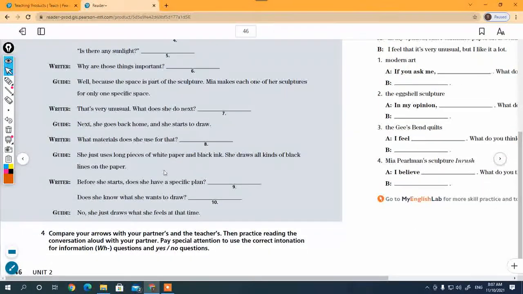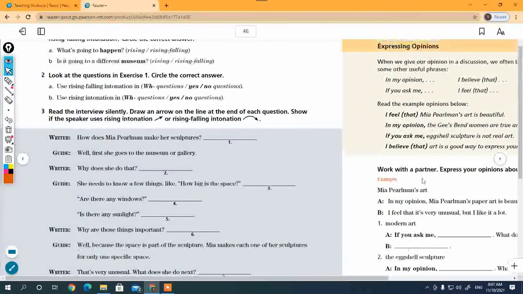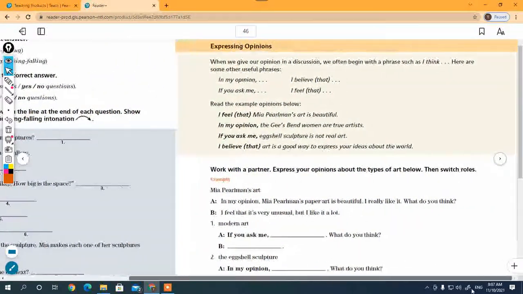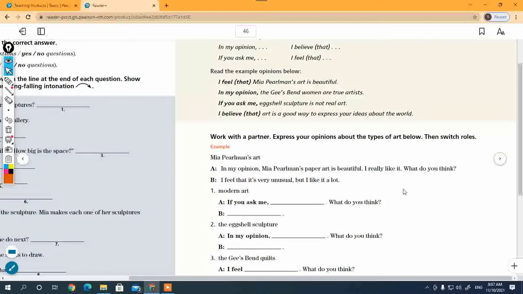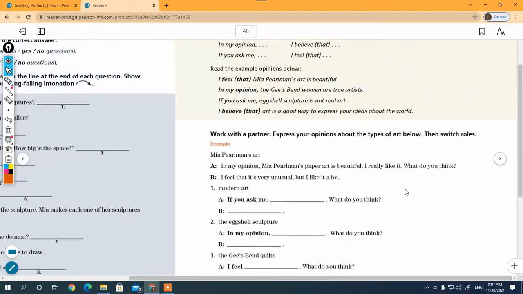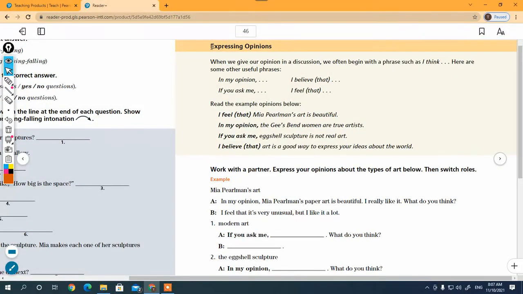This is the second part of that activity. After that, we're going on to page 47, which is right here, and these are expressions that we use to show our opinion.